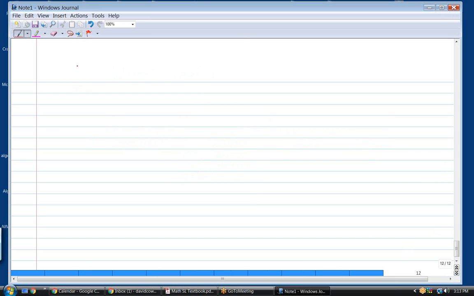2 sine x times cosine x. What's that equal to? That's an identity, the double angle identity. You want to make sure you know these identities, not just left to right, but right to left also.